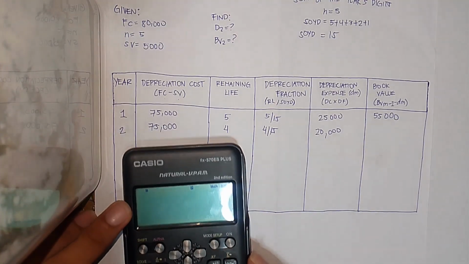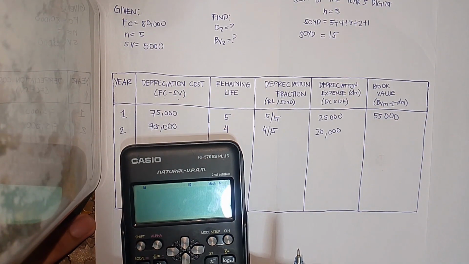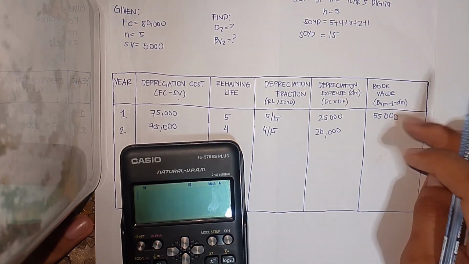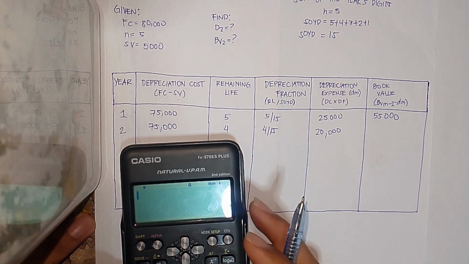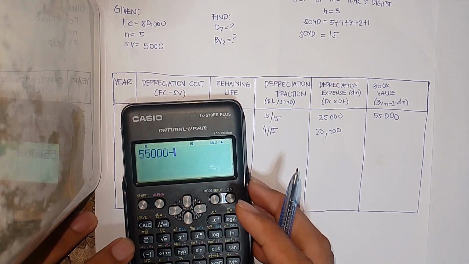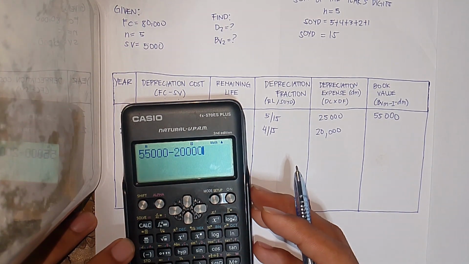Then our book value for year 2 is, we need to subtract the depreciation expense in year 2 from the book value in year 1 to get the book value for year 2. 55,000 minus 20,000.